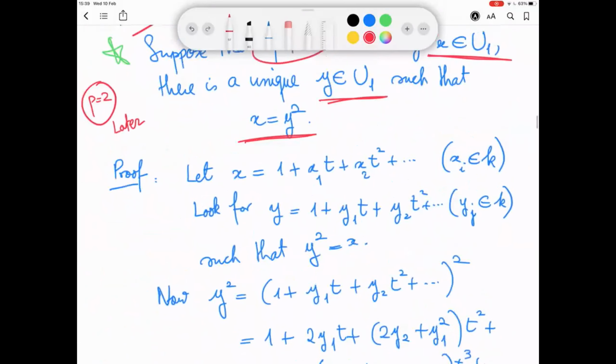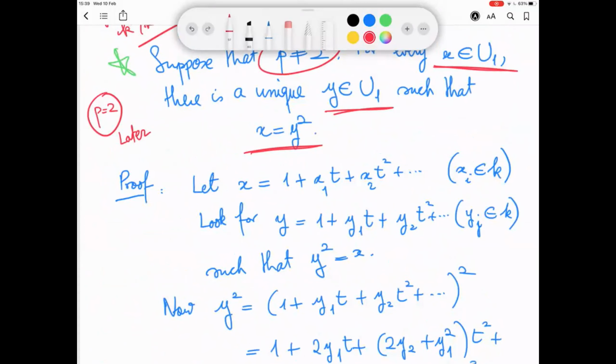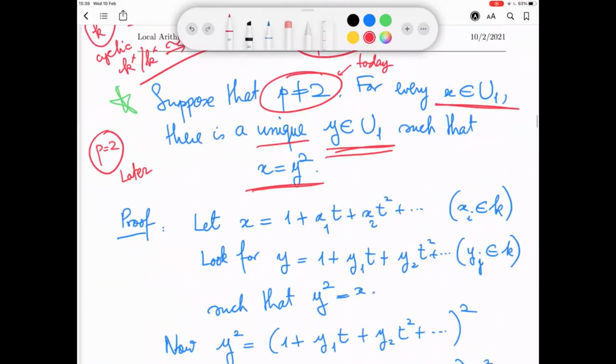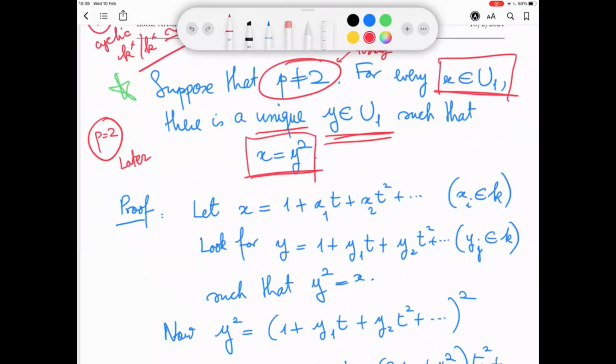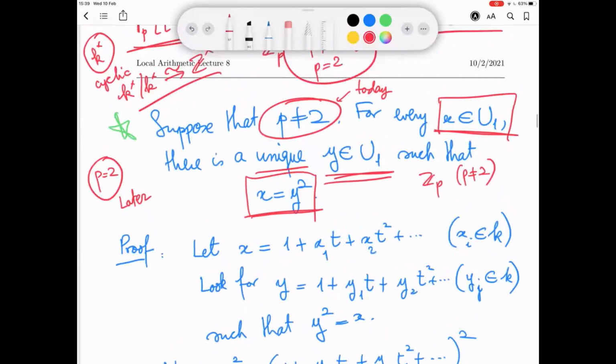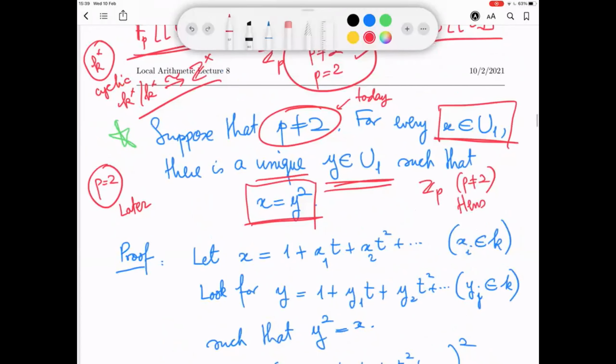So let's continue. If x is in U1, then there's a unique y such that x is equal to y squared. Okay? So in the case of Zp, we did something similar if p were different from 2, and we did it using Hensel's lemma.